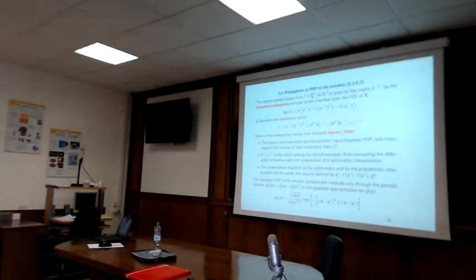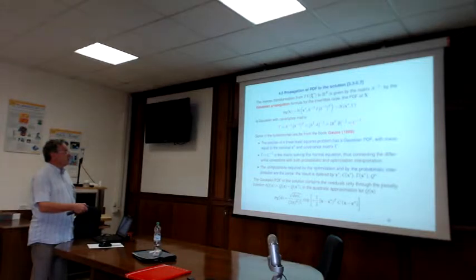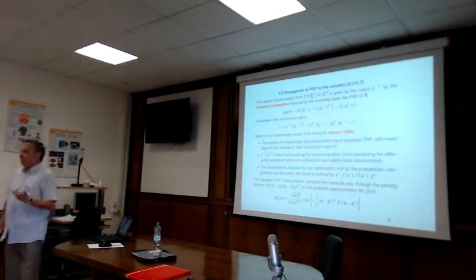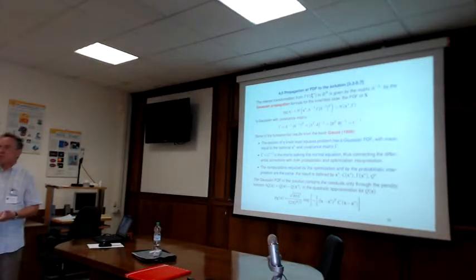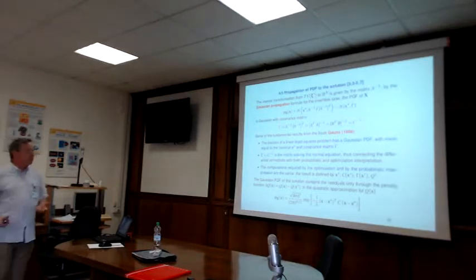In other words, the solution of the least square problem is a Gaussian PDF with mean equal to the nominal and covariance matrix gamma. But gamma, C minus 1, is the matrix which solves the normal equation. That is the one we use in each step of differential correction. Therefore, we have three things: differential correction, probabilistic interpretation, and optimization interpretation, with which you define confidence ellipsoids, are one and the same thing.